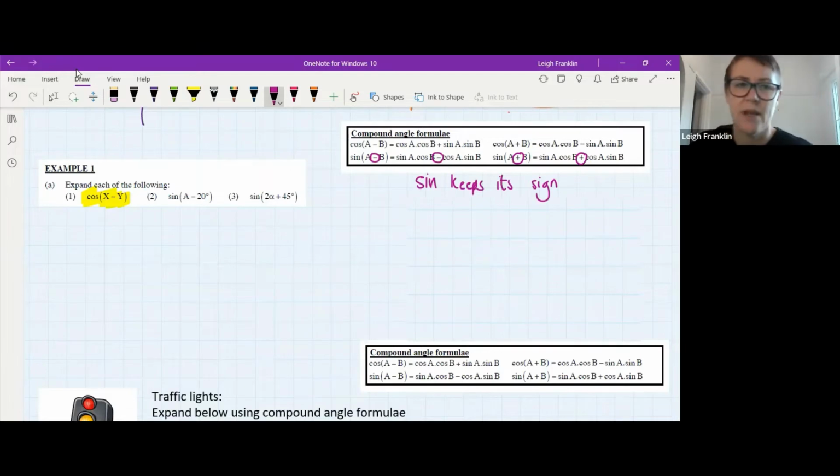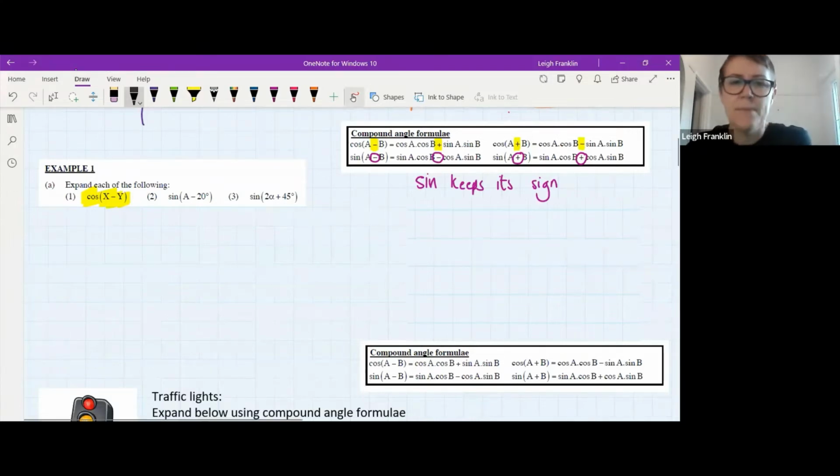Cos doesn't keep its sign. There's a minus here and a plus there, and a plus there and a minus here. So sine keeps its sign is one way of remembering, but they're a little bit different. Sine compound angles are sine, cos, cos, sine, and cosine compound angles are cos, cos, sine, sine.